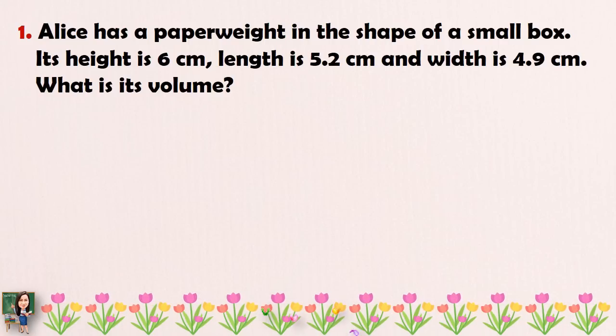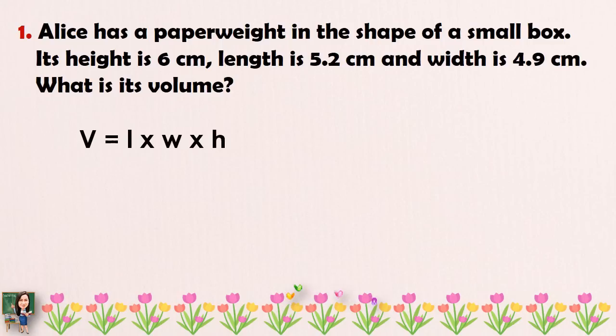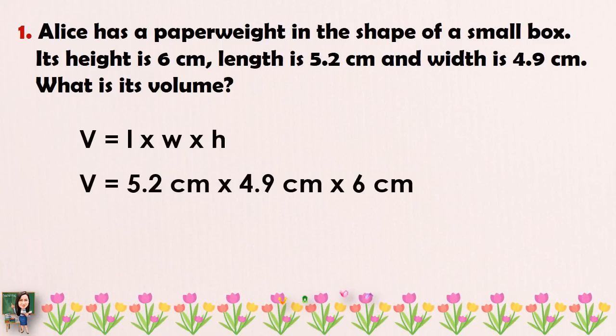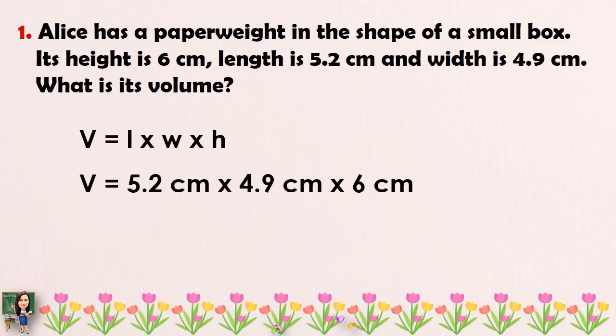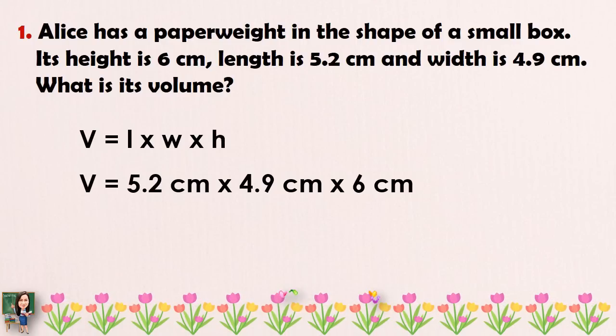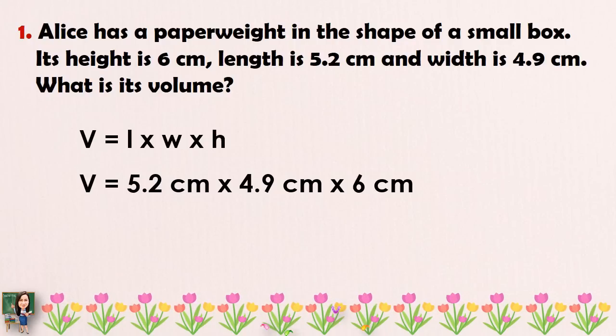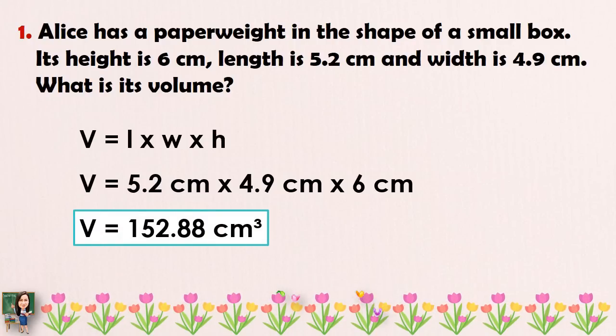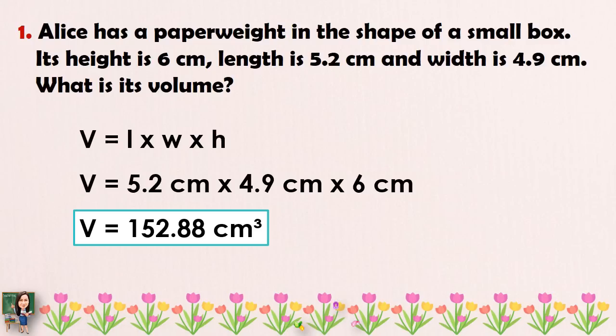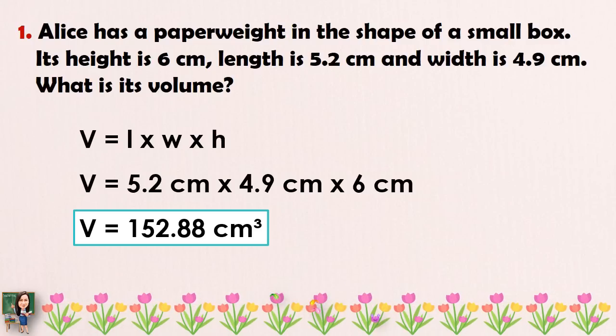We will be using the formula volume equals length times width times height, where length is 5.2 cm, the width is 4.9 cm, and the height is 6 cm. So 5.2 times 4.9 times 6 equals 152.88 cubic centimeters. So the volume of the small box is 152.88 cubic centimeters.